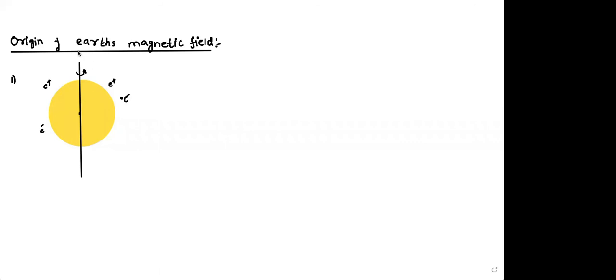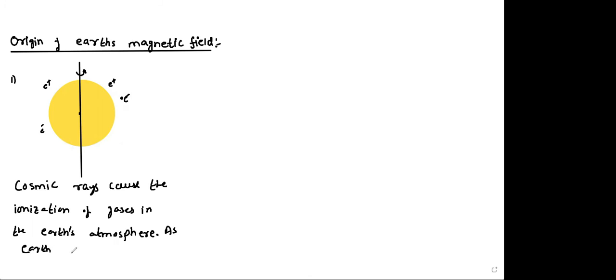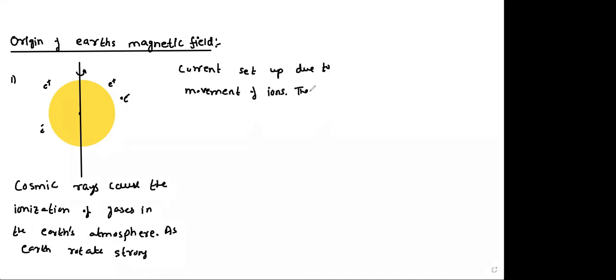So this could be one reason for the magnetic field. That magnetic field could be due to the motion of charged particles around the Earth. So you can write that cosmic rays may be the source of the magnetic field.